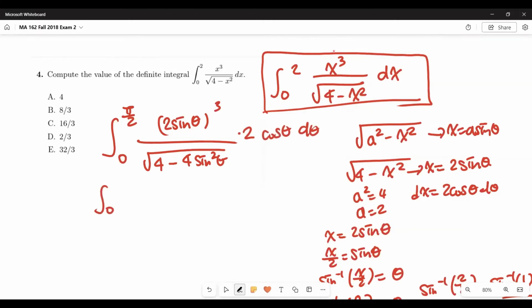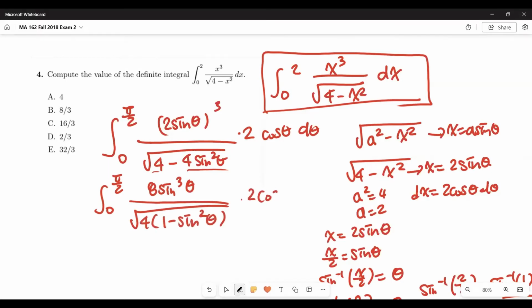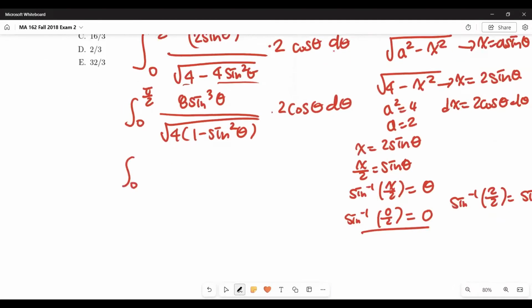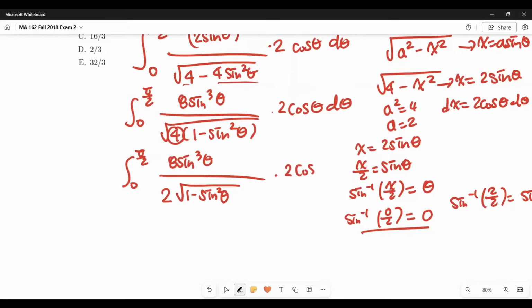Okay, so this is 0 to pi over 2, 8 sine cubed theta over, group them by 4 in here, 4 times 1 minus sine squared theta, 2 cosine theta d theta. Same thing, 0 to pi over 2, 8 sine cubed theta, square root of 4 can come out as 2, because square root of 4 is just 2. So 2 square root of 1 minus sine squared theta. Sorry, 2 cosine theta d theta.